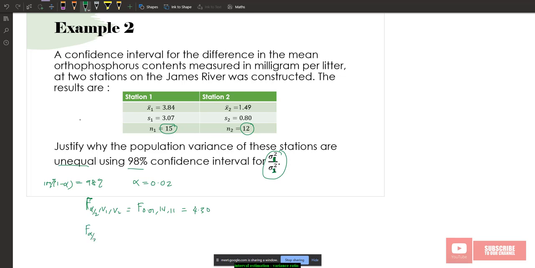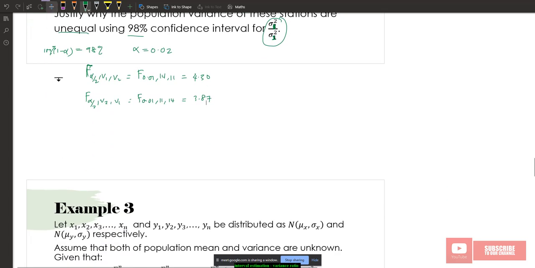F alpha divided by 2, V2, V1 is F 0.01, 11, 14. So this one should be equal to 3.87, right? So we just need to plug the values into the formula. So the formula is the probability of S1 squared over S2 squared times 1 over F alpha divided by 2, V1 and V2, less than sigma 1 squared over sigma 2 squared.